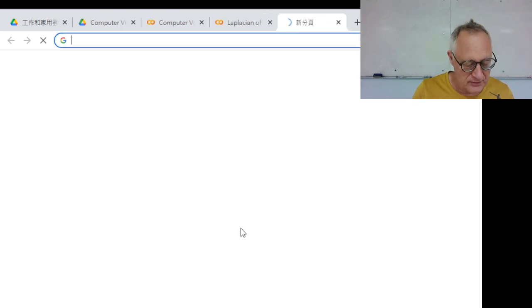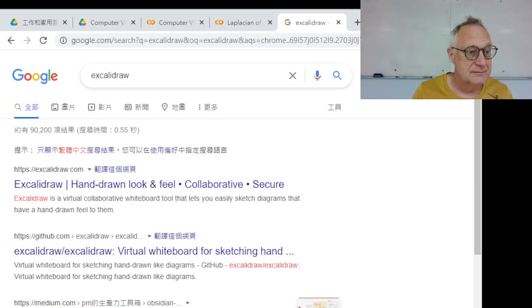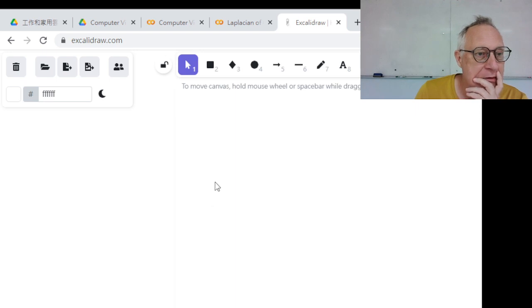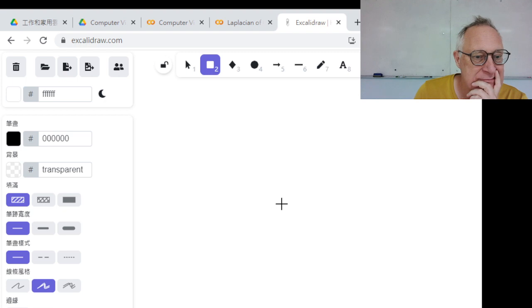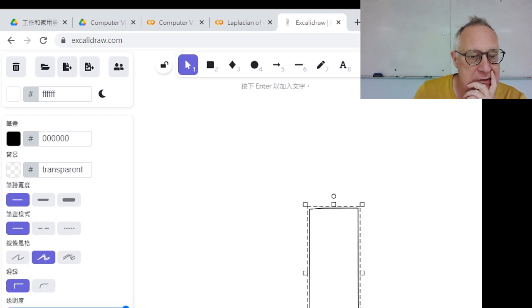And let me try this new drawing program. Say our image function here is an edge.